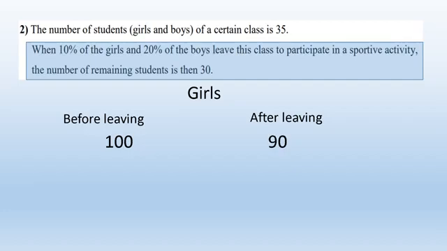Now, in reality, the number of girls is x. Then after leaving the class is just unknown. So it will be 90 multiplied by x over 100. After cross multiplication, of course, it will become 0.9x.